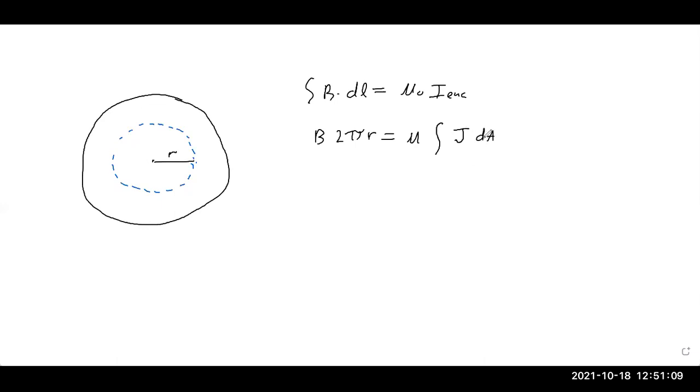So current density over area, and we need to keep it as an integral because our current density isn't constant. We can't just jump to current density times area because there's greater current near the surface of the wire than there is near the center of the wire.